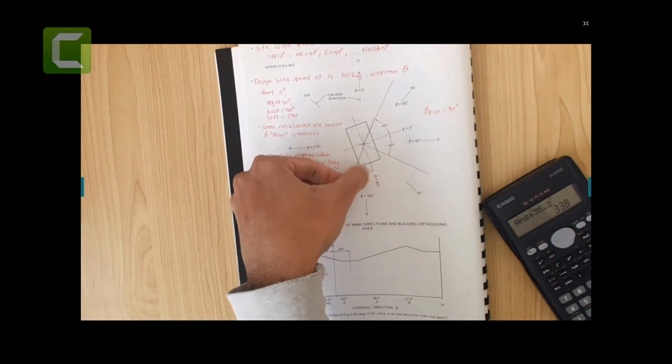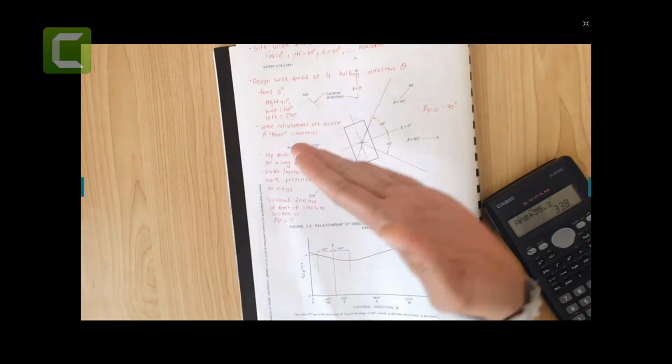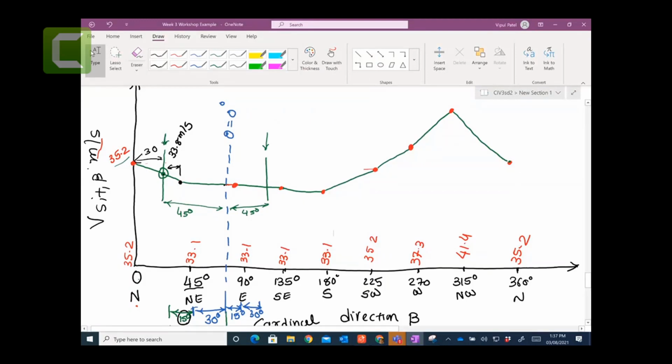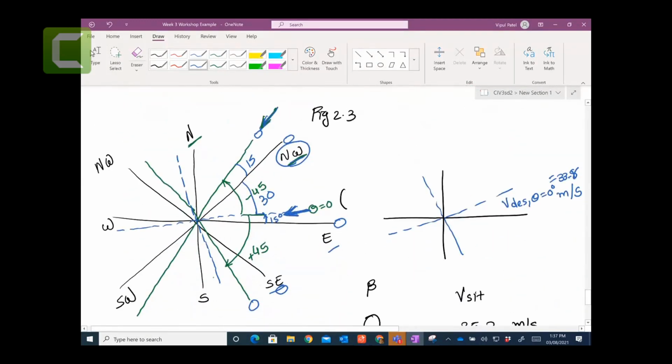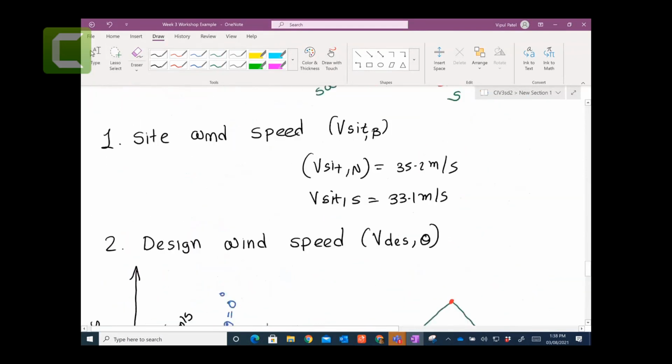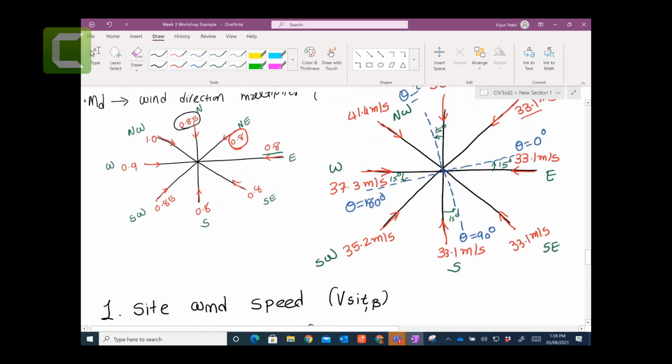Let's go for the next one, theta equal to 90. Again we take 45 degree on both sides. So I need to draw the blue line again. Do we have the blue line here as well? Oh yes, here is more nice and clear.